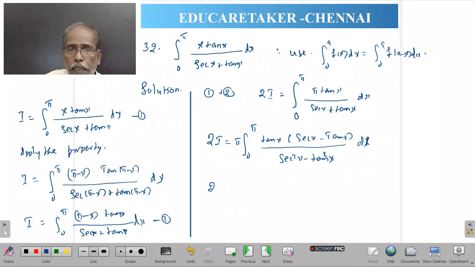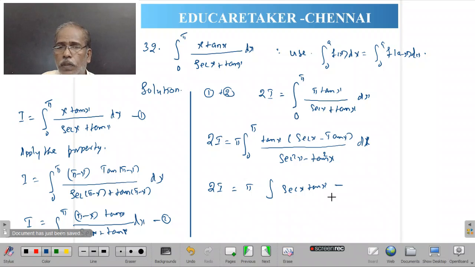Now 2I is pi times the integral of tan x secant x minus tan square x, and tan square x is secant square x minus 1, so minus of minus 1 gives plus 1. Okay.